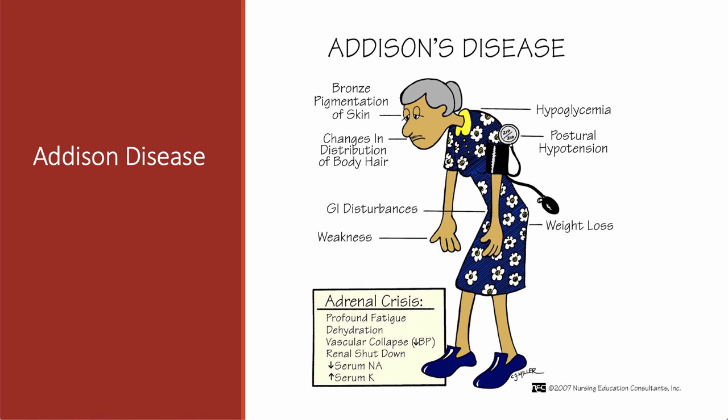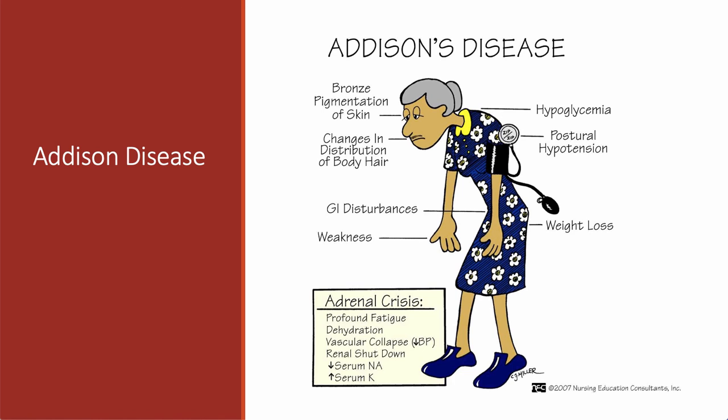hypotensive problems, postural hypotension, and then, of course, the classic chronic findings of bronze pigmentation of the skin and changes in body hair distribution. But you can put that whole picture together if you think about what happens with aldosterone. This is the anti-aldosterone syndrome, Addison's disease. It's a lack of aldosterone. So with a lack of aldosterone, there's going to be tons of sodium loss in the kidney.